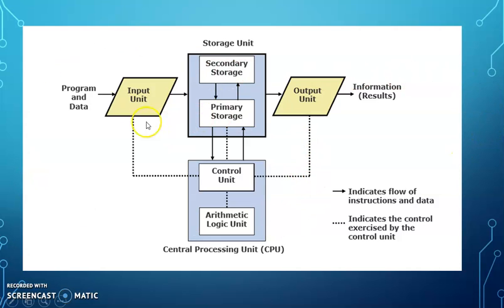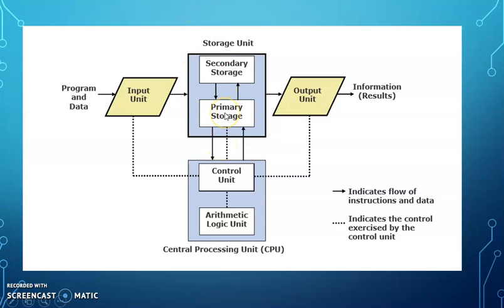In this diagram, we can see the arrows indicate the flow of instructions and data, and the dotted line shows the control exercised by the control unit. Control unit controls input unit, output unit, memory unit, and also ALU. So control unit is controlling all other units.